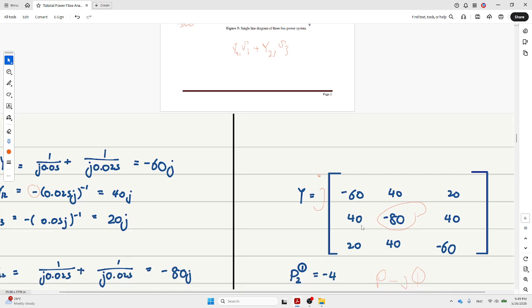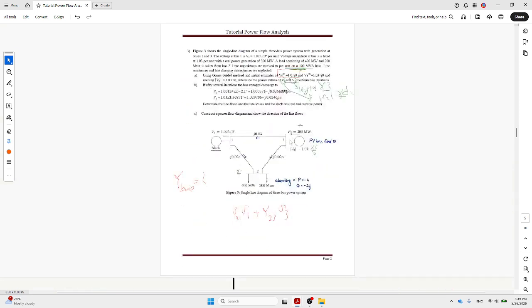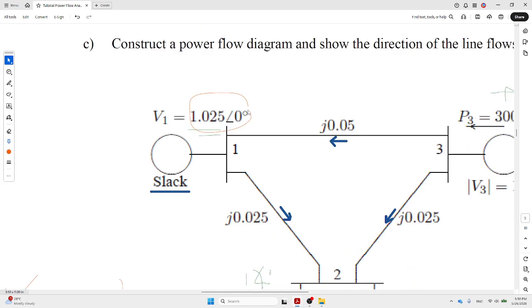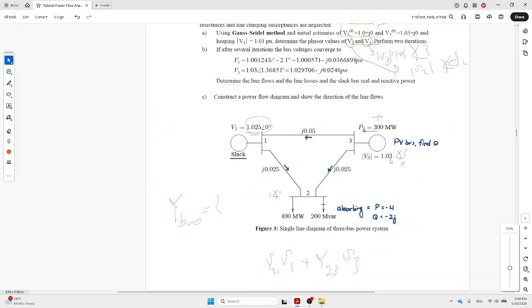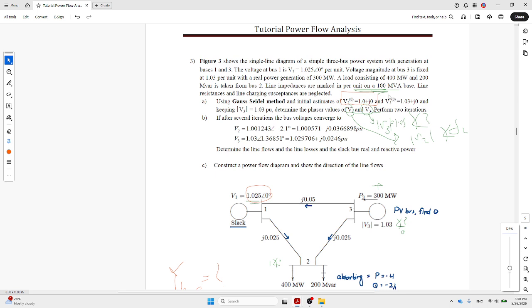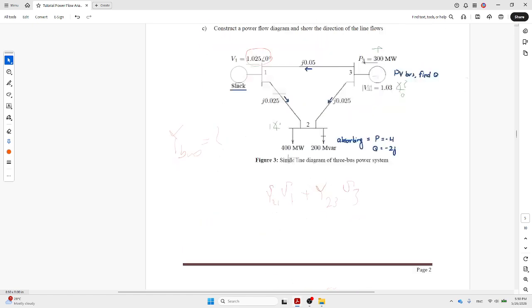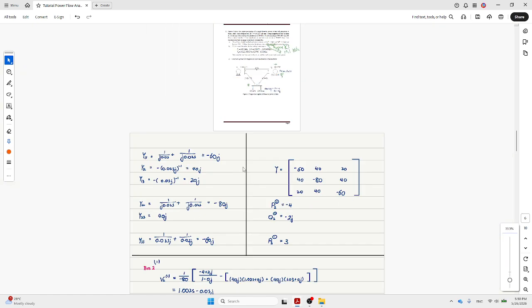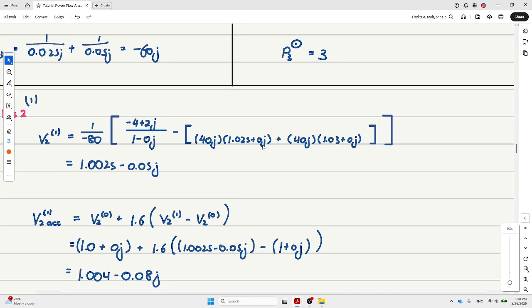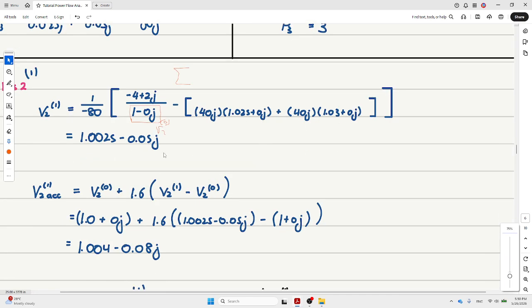Don't forget there is a j for each of these. V1, since it's the slack bus, is always this value, and V3 for the zero iteration is given as 1.03. So we replace these values in the equation and we reach the new value.